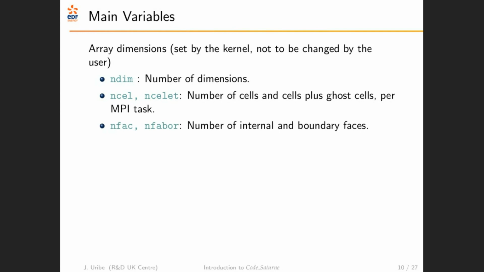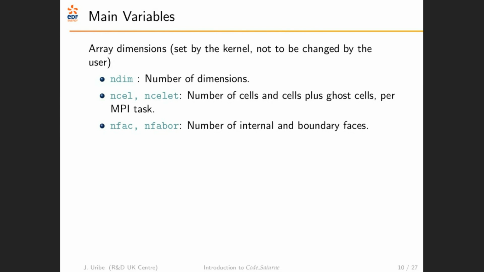Ncell and ncelet are the number of cells. So for each MPI task, when you partition your domain into different ranks, you have a number of cells per rank. Charles will explain that later in more detail when you see the different partition types.